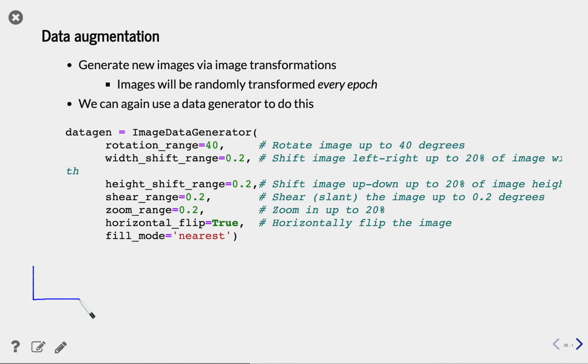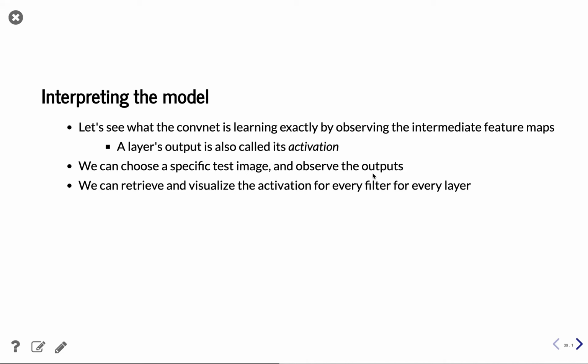So we can take an image, push it through the network, and see what the output feature maps look like. Maybe that teaches us something about what the network is doing. So we take a specific test image, push it to the network, and observe the outputs.